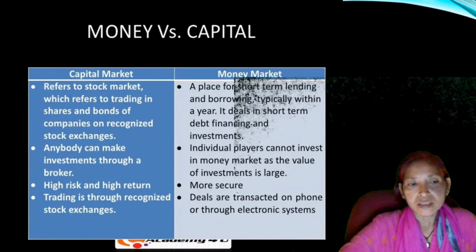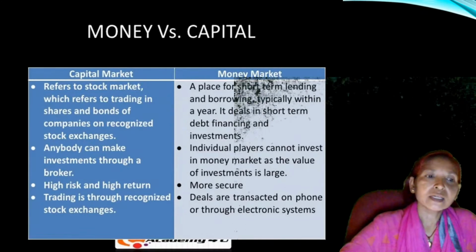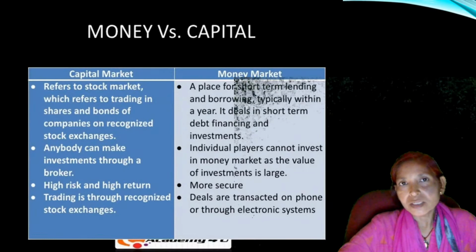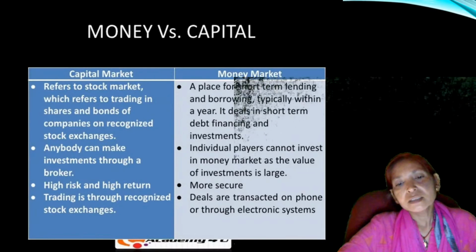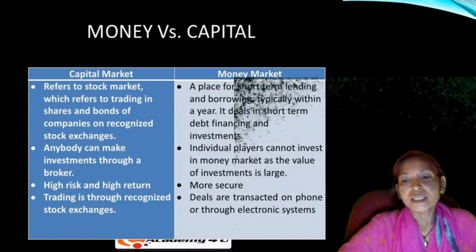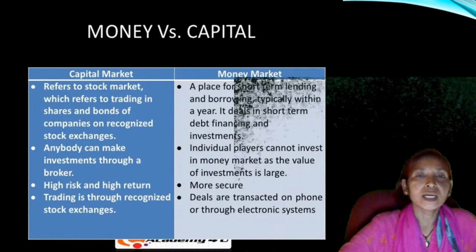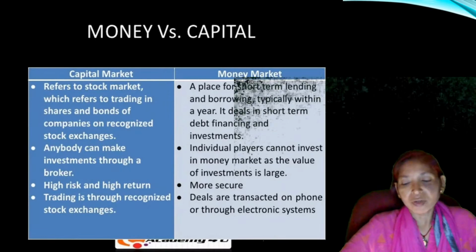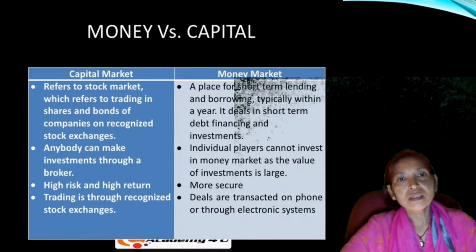And in capital market, trading is through a recognized stock exchange, and money market deals are transacted on phone or through electronic systems. So this is the basic difference between money market and capital market.